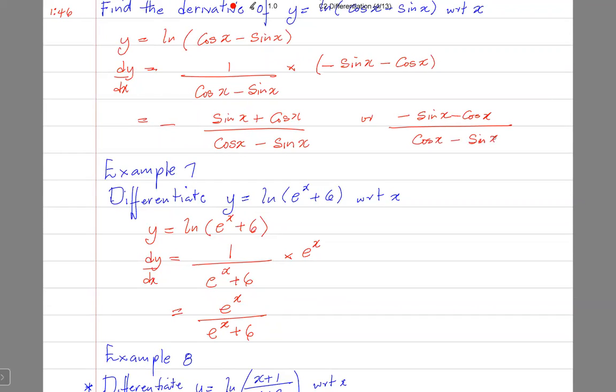It's the same thing. But what I did is simply factor out the negative 1 at the top. That's all I did. But these two answers are the same. Any other question? We're good? All right, 8.